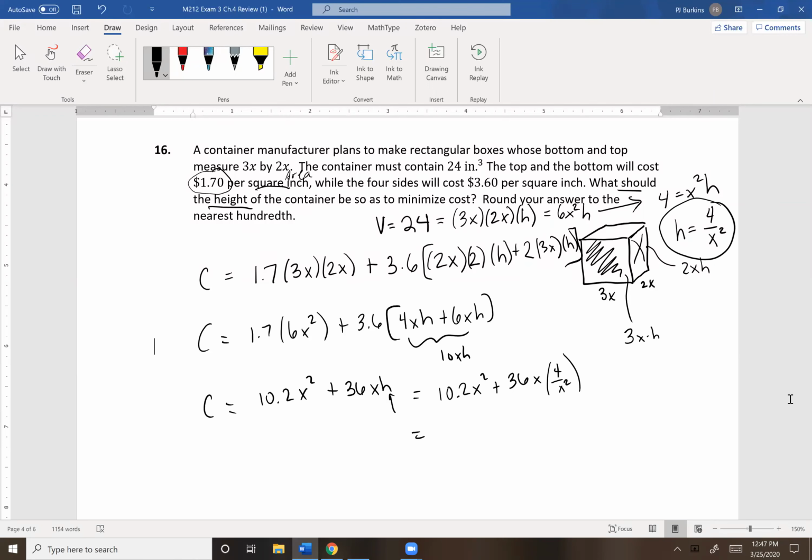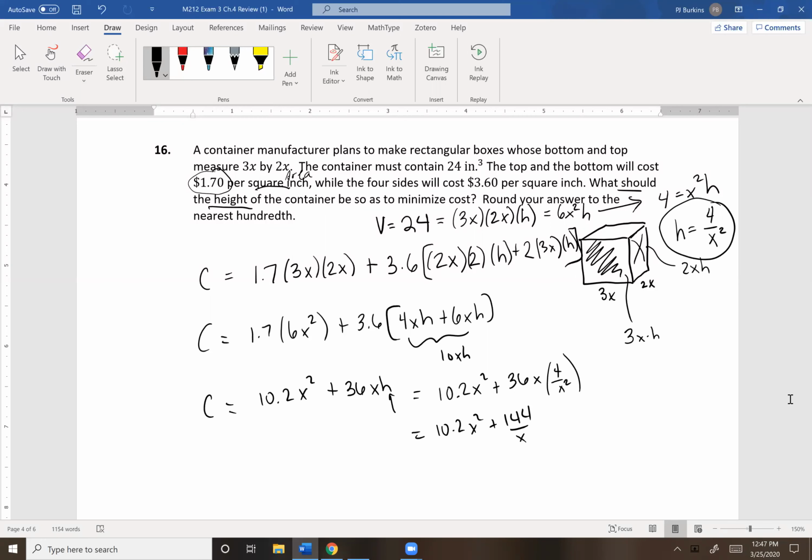So that's going to make one of those x's cancel there. What is that, 144? So 10.2x squared plus 144 over x.